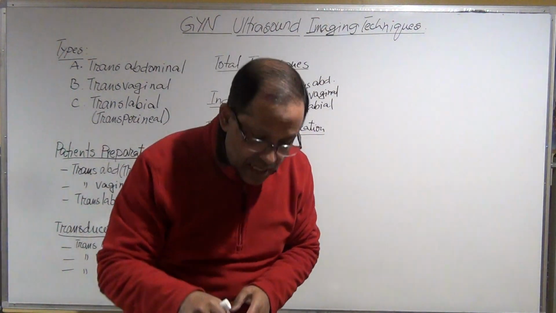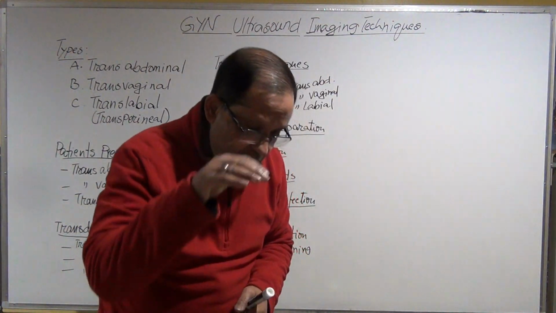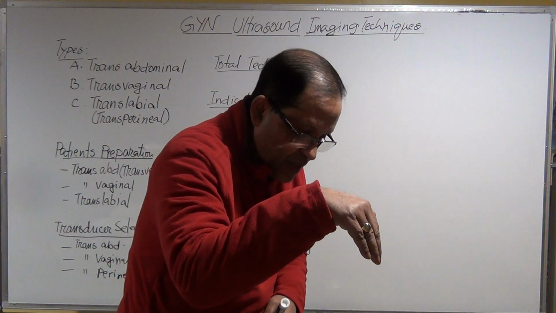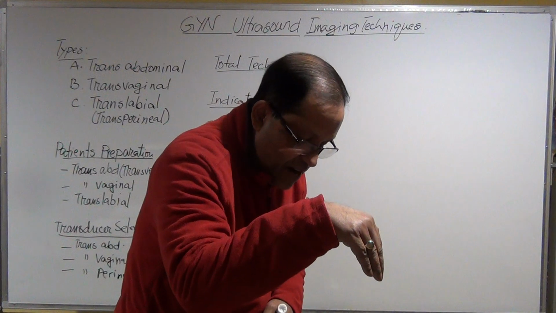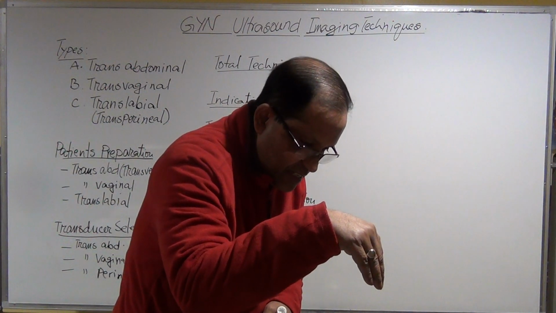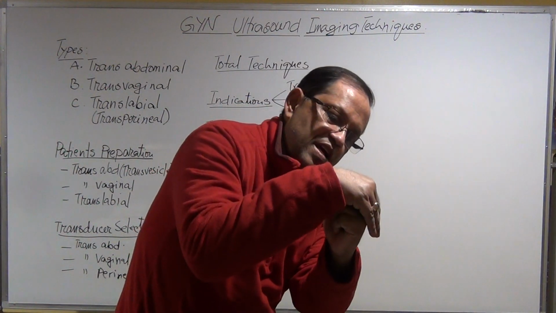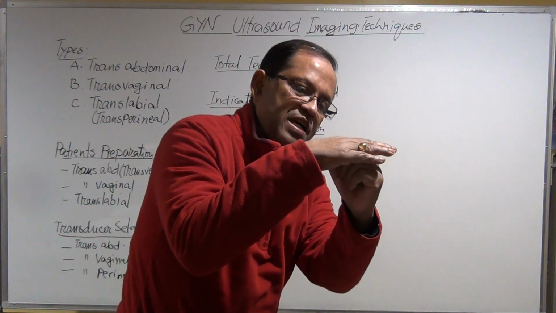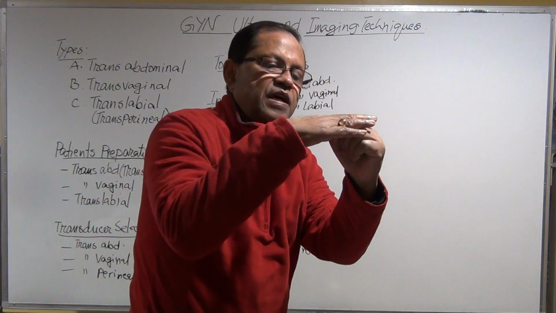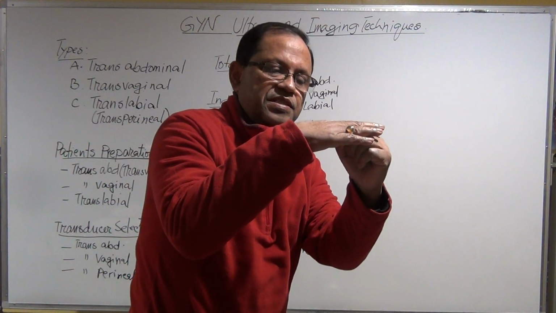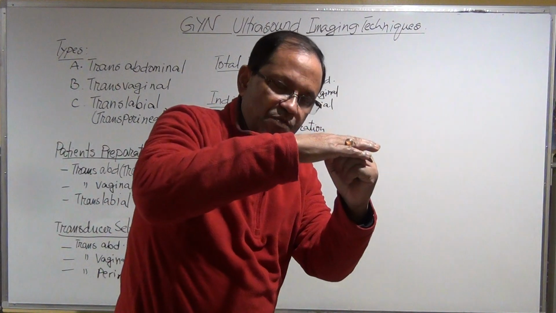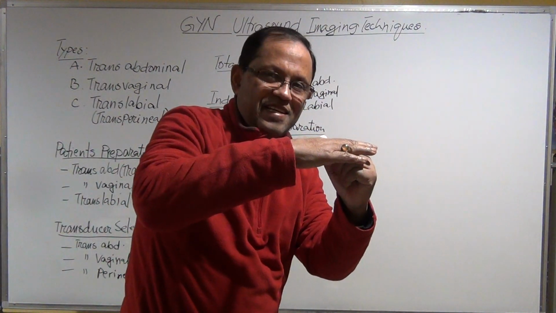As the bladder is anterior to the uterus, and 60% of uteri are anteverted like this, when the bladder is getting full, it makes the uterus straight like this, and the beam is coming at 90 degrees. Do you understand that?